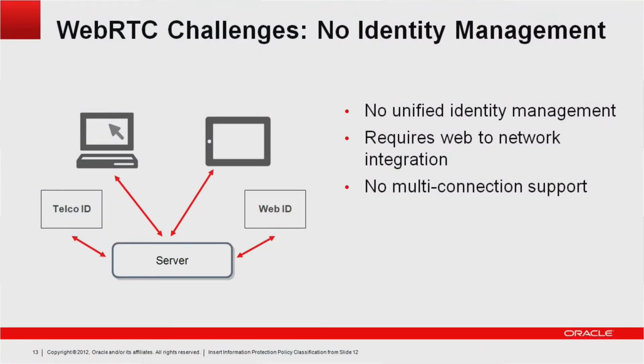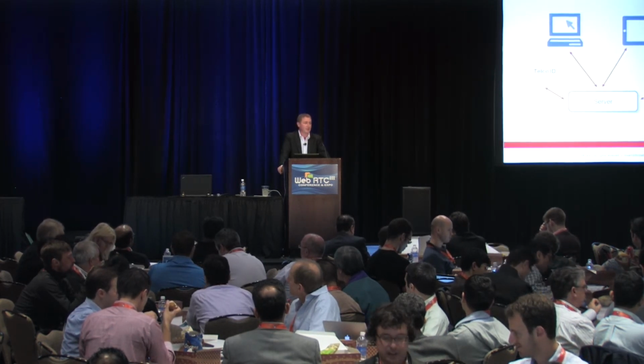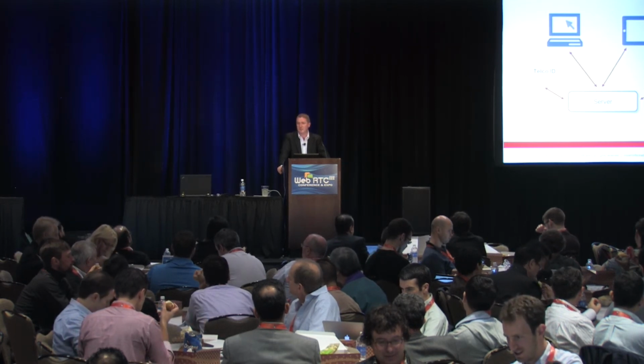What about identity management? We know there's two classes of identity. There's your web identity. And technically, there could be three classes if you're working for a large enterprise. You have your web identity, maybe your social networks, maybe multiple of them. You have your enterprise identity, which is local to your corporation. And then you have telephony, or communications identity, which registers you in the network somewhere, whether it's a specific MSISDN on your phone, or SIP URI.